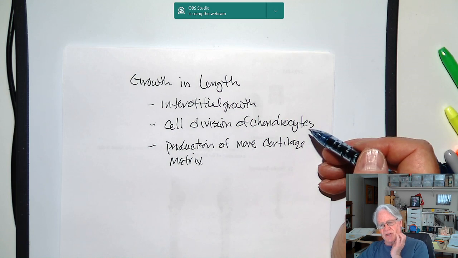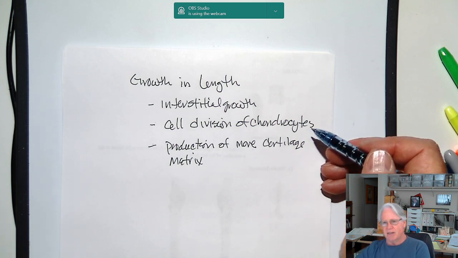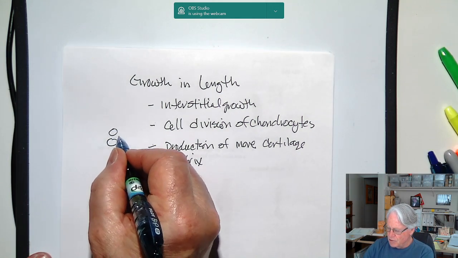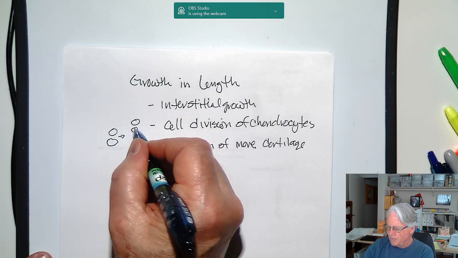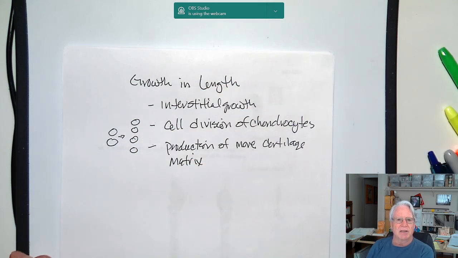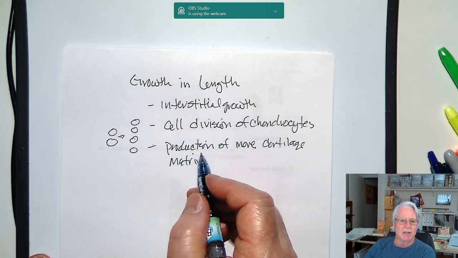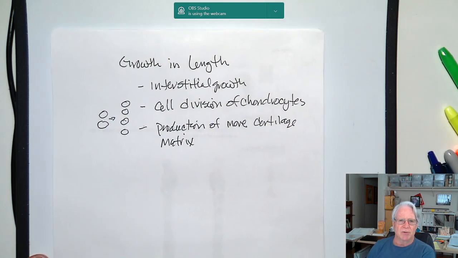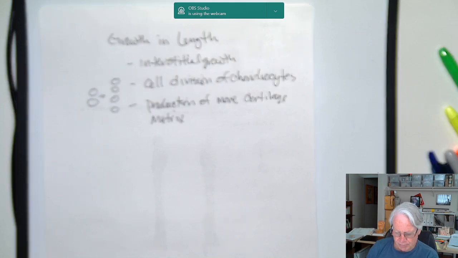And so cell division is possible, and when that cell division occurs, you're adding new cells. So you're kind of stacking the cells. So if you start off with 2 and you have cell division, then you have 4, okay? And that's a growth in length. That's what we're talking about when we talk about cell division of chondrocytes. Production of cartilage is pretty clear. We're simply adding more of the matrix to grow in length. Okay.